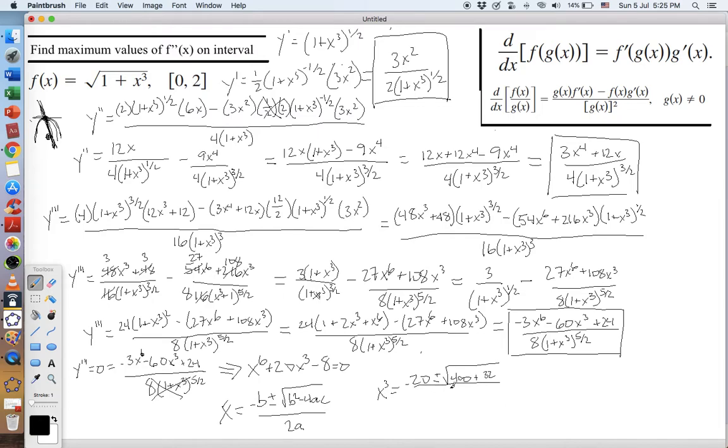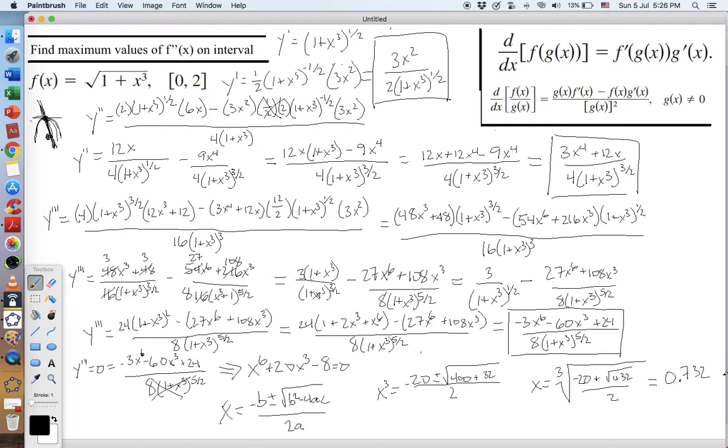All of that over 2, and so then x is equal to the cube root of negative 20 plus the square root of 432, all divided by 2, because minus doesn't make sense. And lo and behold, finally, we get x is equal to 0.732.